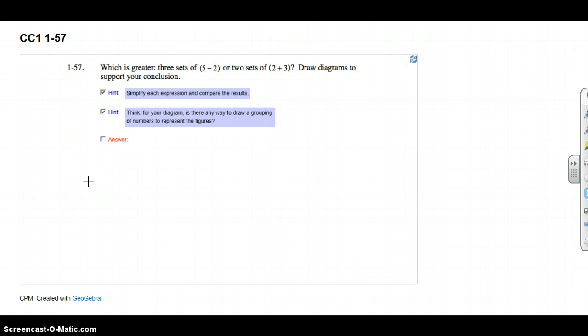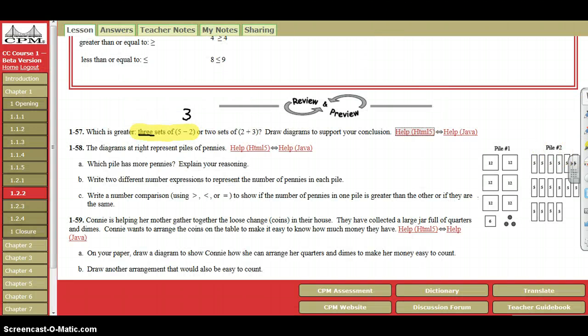It says think, for your diagram or your picture, is there any way to draw a group of numbers to represent these figures? And eventually it would give you the answer if you really needed it to. But basically your job is to draw some type of diagram that goes along with 3 sets of 3 or 2 sets of whatever.